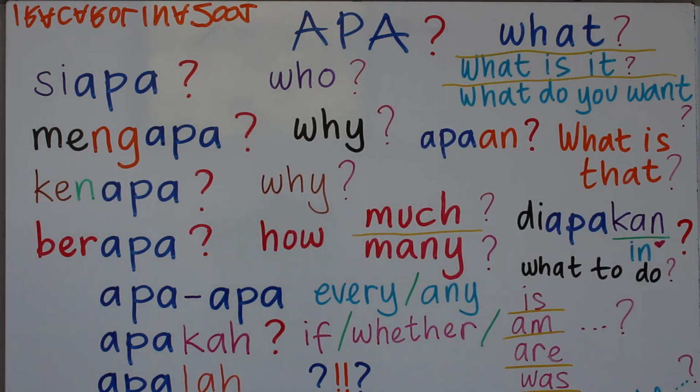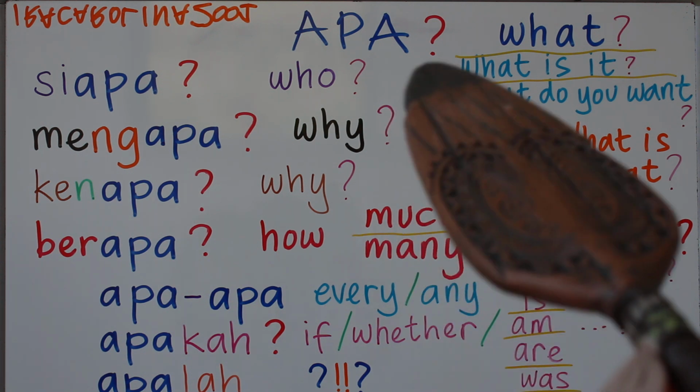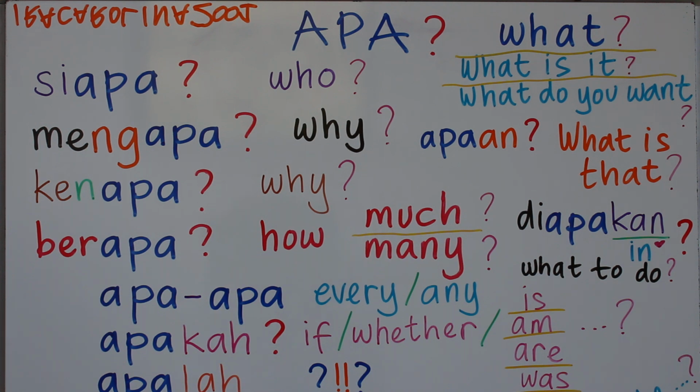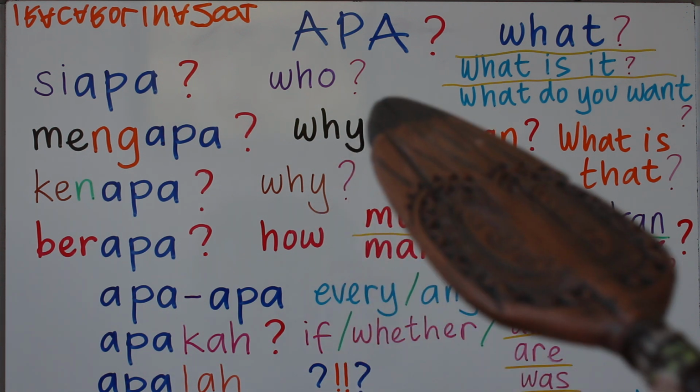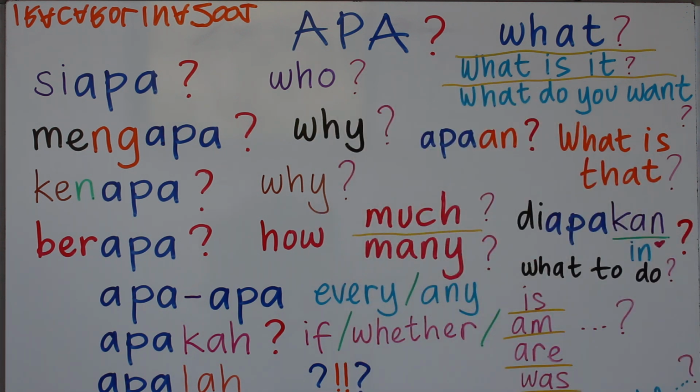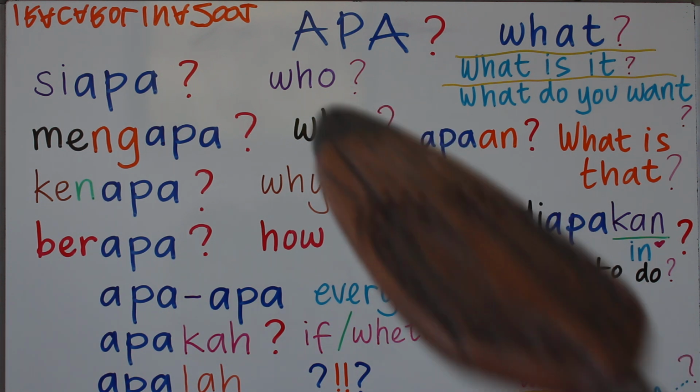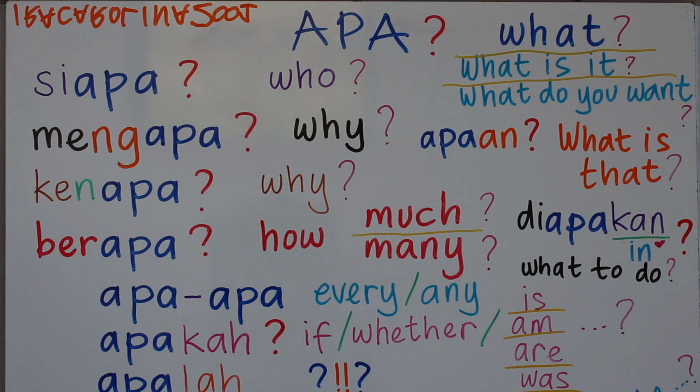Apa is what, and I write it with capital here, but it should be with lowercase, of course. If this one is the first word of the sentence, of course, just the initial has a capital or uppercase.